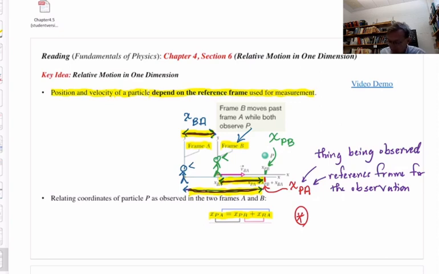In the xPA equals xPB plus xBA equation, the first subscript on the left, the particle, the thing being observed, has got to be the same as the first subscript on the right, the particle being observed.